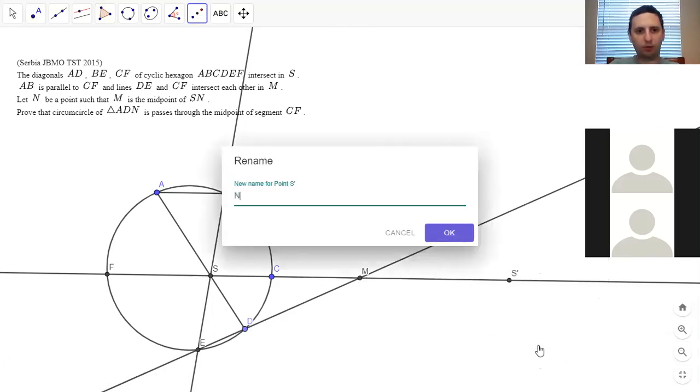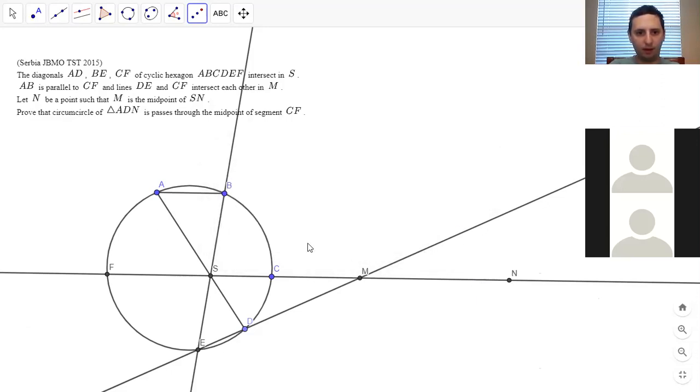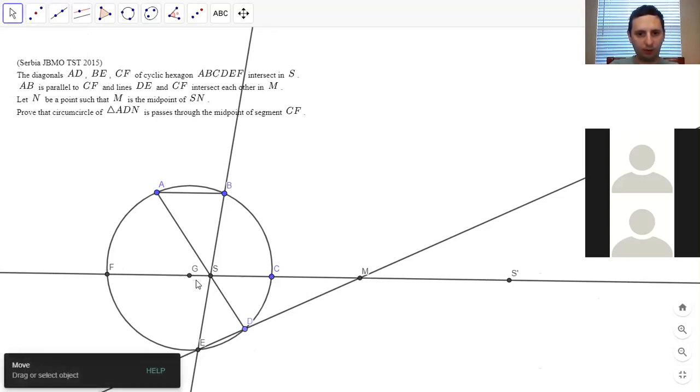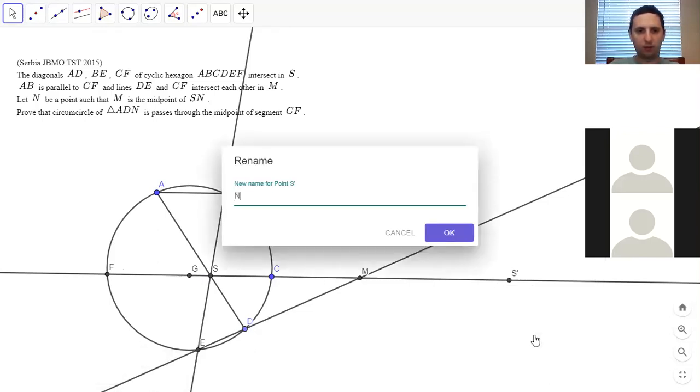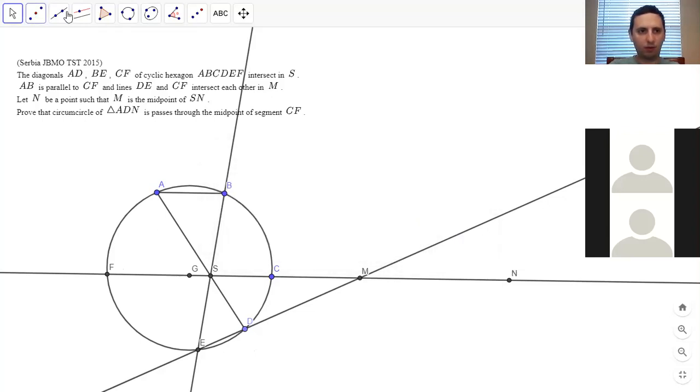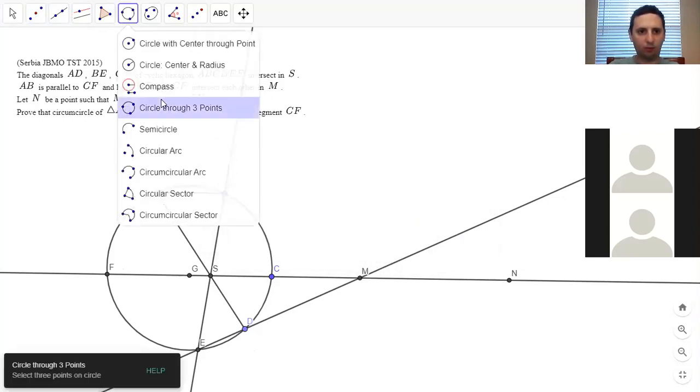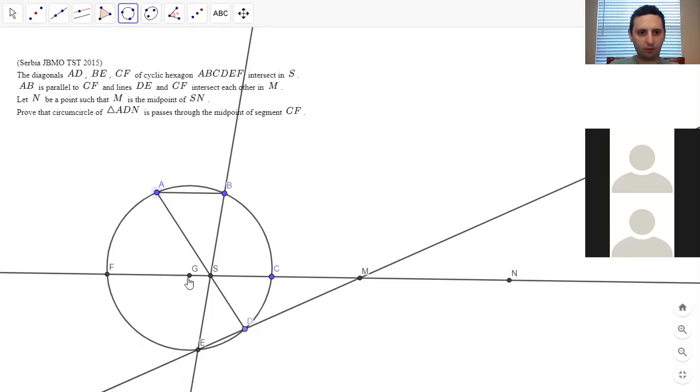And we want to show the circumcircle of ABN passes through the midpoint of CF. So I'm going to rewrite that. Let's label the midpoint of CF, let's call it G. So we want to show that AGBN is cyclic. Let me check that that's true, and then I will make it look nicer.